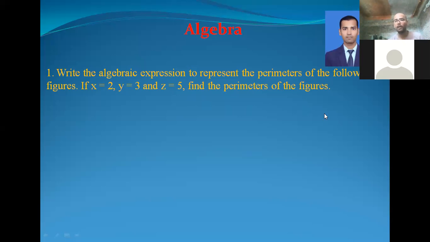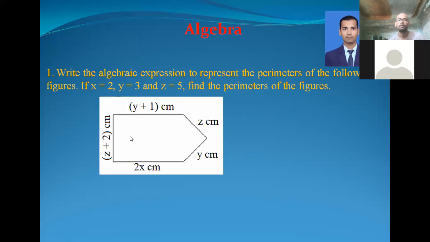We may have the picture, this one. You can see the picture on your screen, where the sides are given to us. This upper part is x plus 1 centimeter.